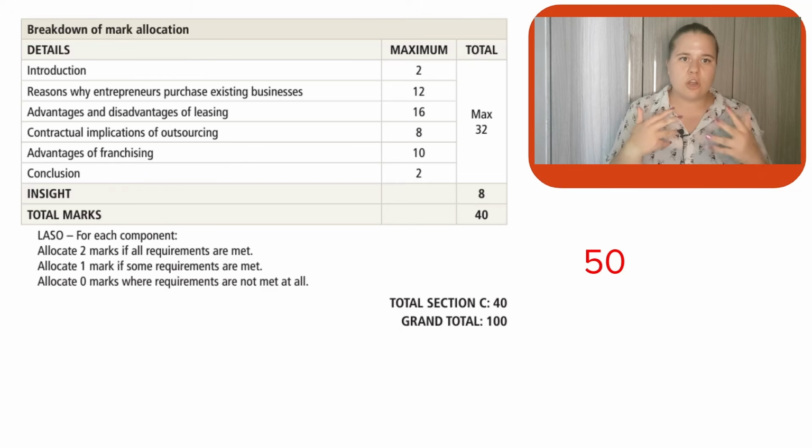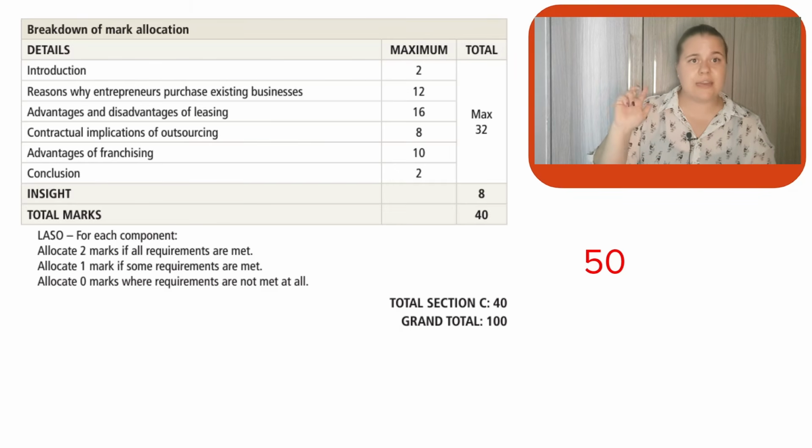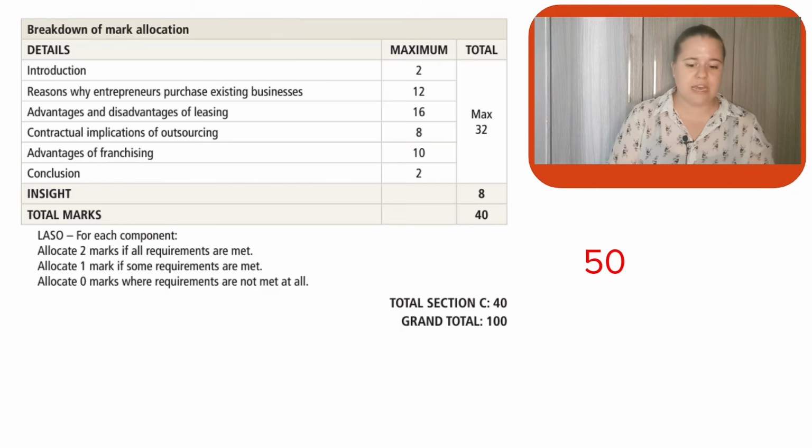Do you see how there's a lot of leeway if students get something wrong? That's why I tell students, please write more. I would say 5 to 6 bullet points per heading, but if you know more, please, please, please write more. Then we have our insight, that's our lasso, our layout, our analysis, our synthesis, and our originality.